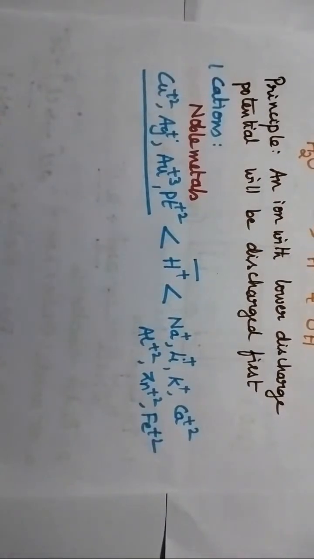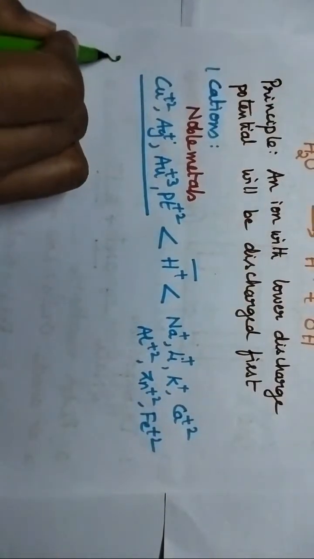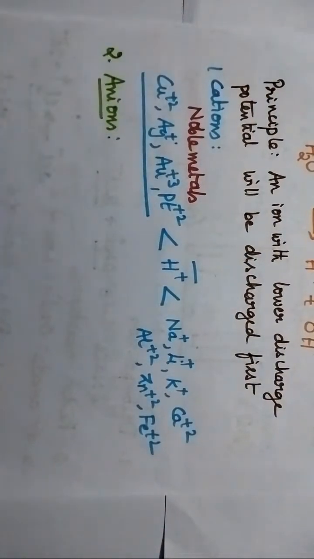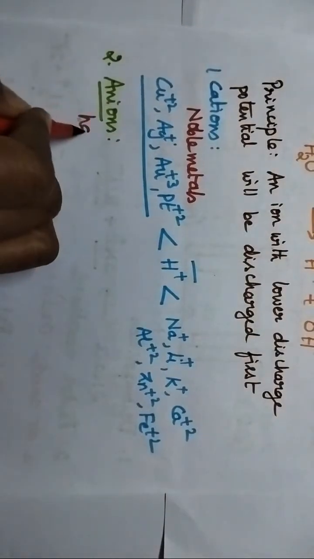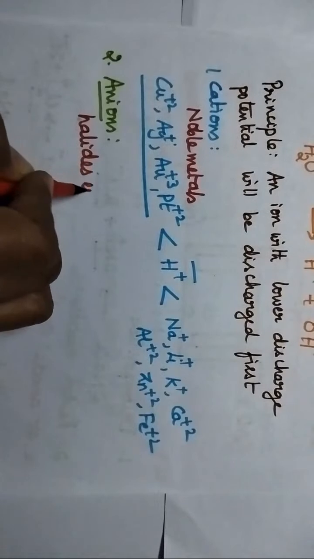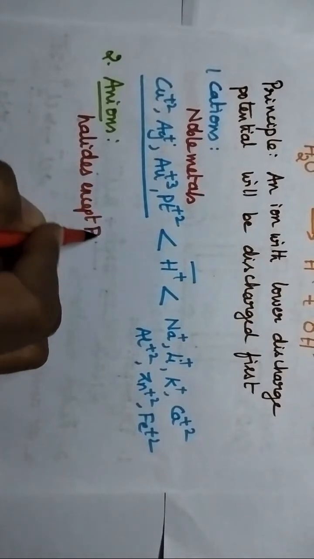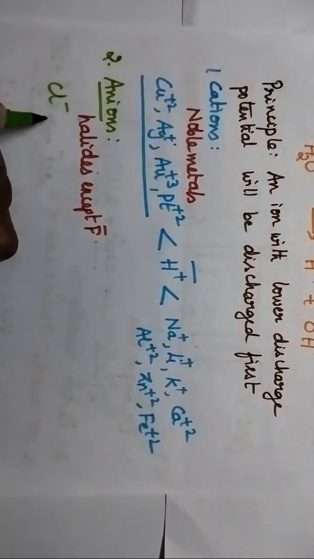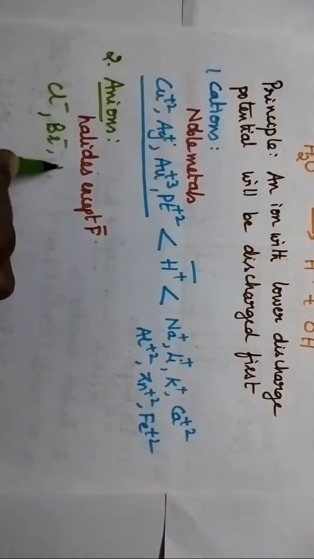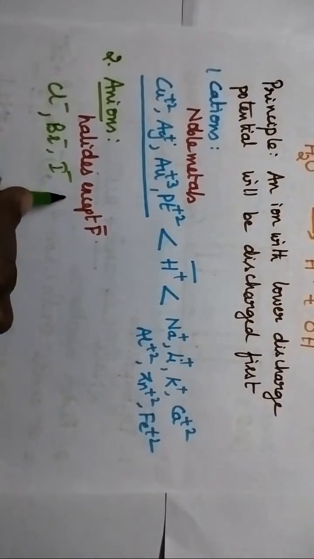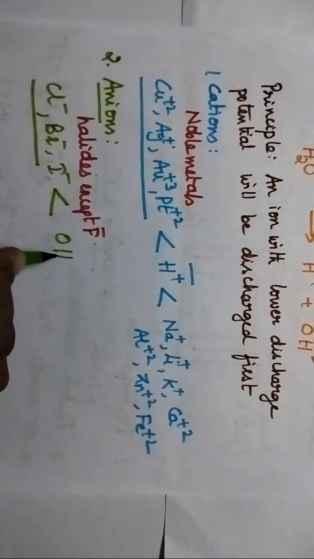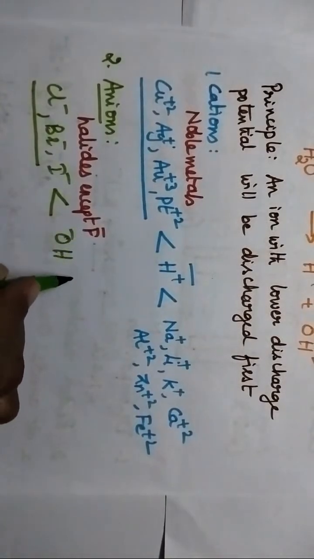Next, coming to the anions, always halides except fluoride. If Cl-, Br- or I- is present, they will be discharged first rather than OH- ions.